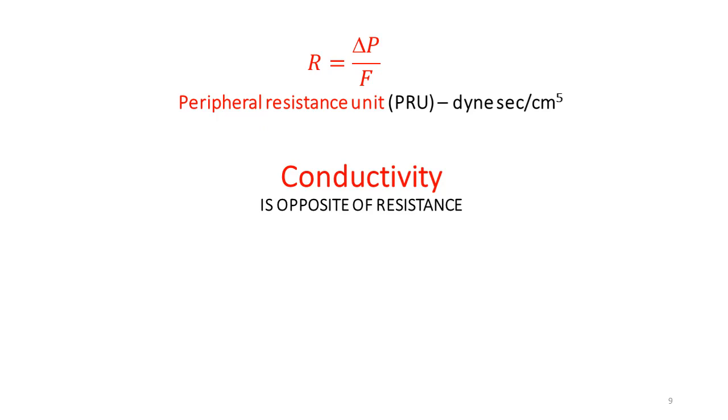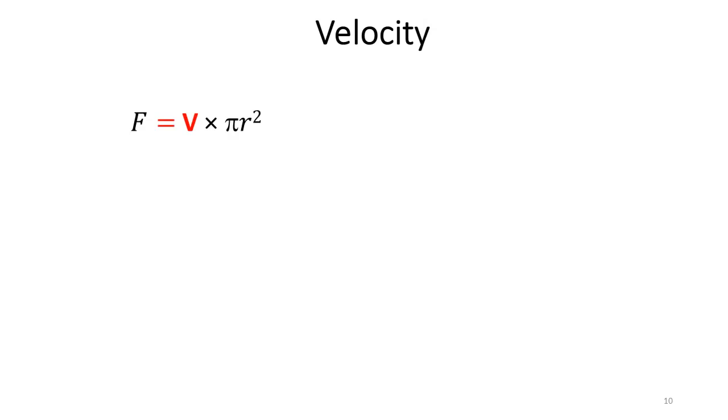So we can find C, as conductivity, equal to pi R^4 over 8 eta L. It's the reverse of resistance. So let's find velocity by these formulas. If we remember from physics, flow as I is equal to velocity, or speed, times pi R^2.